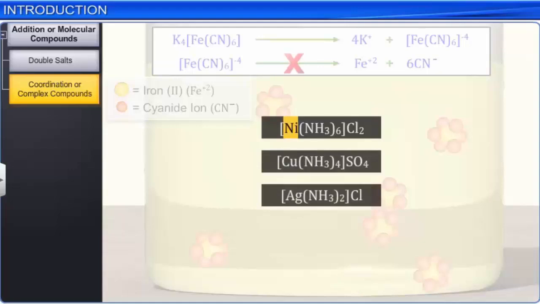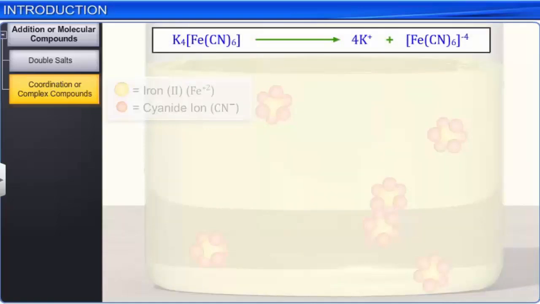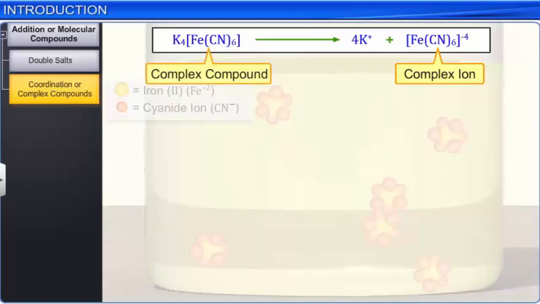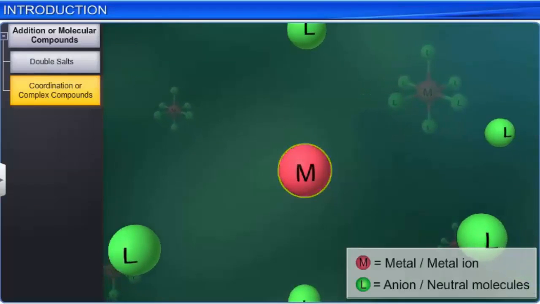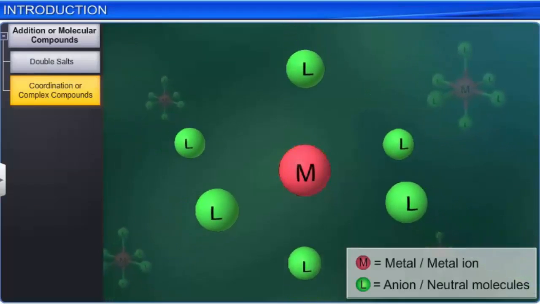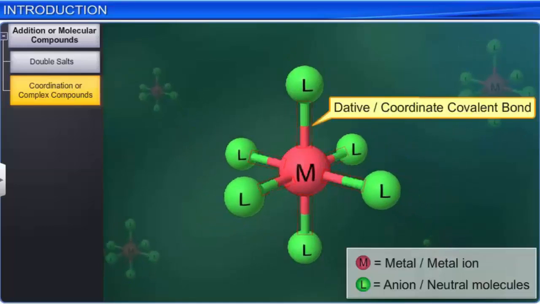Compounds that have complex ions are called complex compounds, as the central metal ion in the complex ion forms dative or coordinate covalent bonds with the species surrounding it.